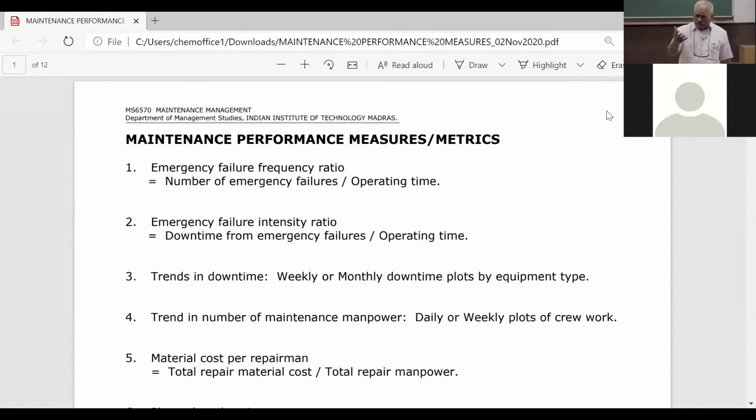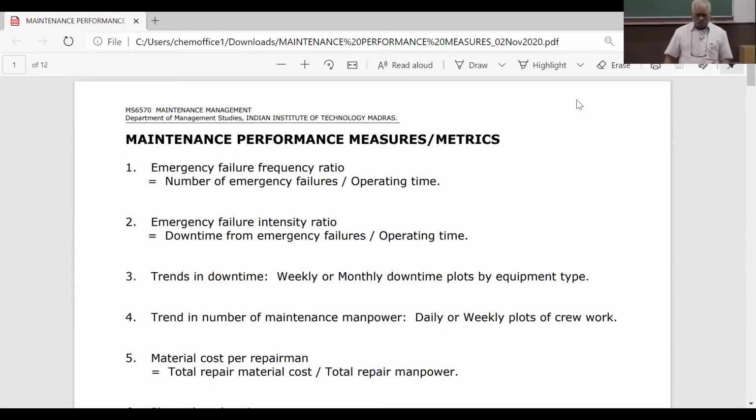So this is one of the early measures that was used. We are talking of measures that have been practiced since after World War II, roughly, as a thumb rule, and some of them even during World War II, especially when you take the aviation standards connected with maintenance work. This is general knowledge for you.